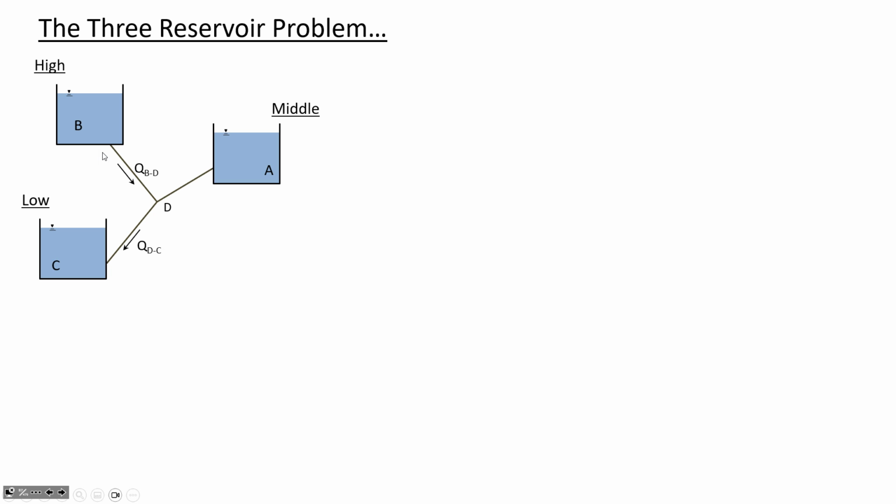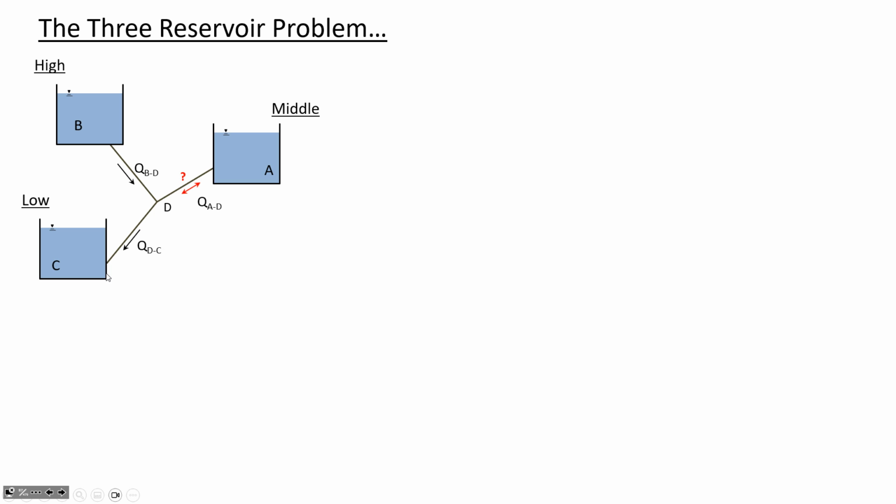And water flows from high energy to low energy. And so for that same reason, the water's going to be flowing in to reservoir C. Okay, so far so good. But the thing that's indeterminate, that we don't know just at a glance, is whether the water is going to flow in or out of reservoir A.